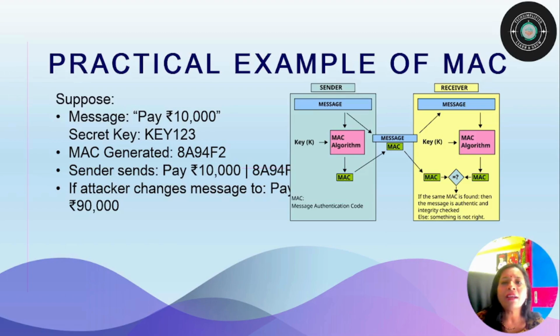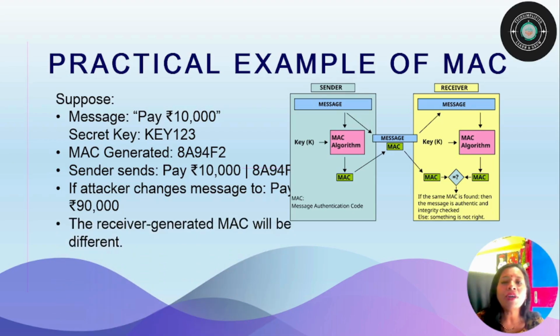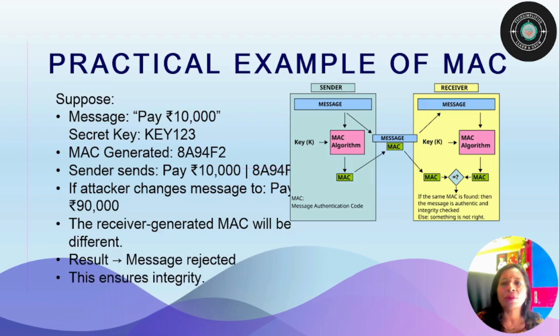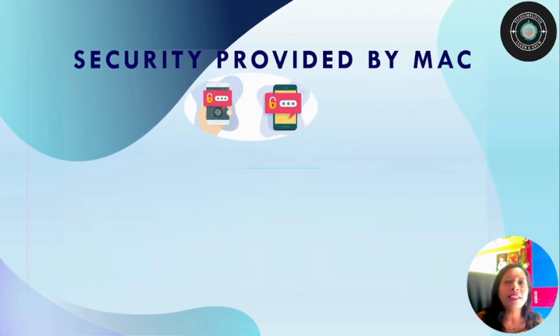If an attacker changes the message to "pay 90,000" in place of 10,000, the MAC generated by the receiver will be different from the MAC sent by the sender, and in that case the message is rejected. In this way, we can immediately detect any tampering in the message. So this ensures integrity.